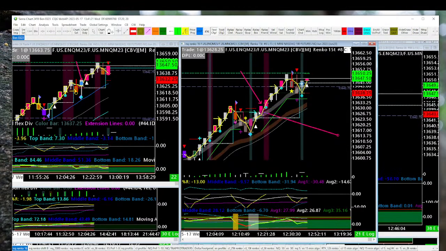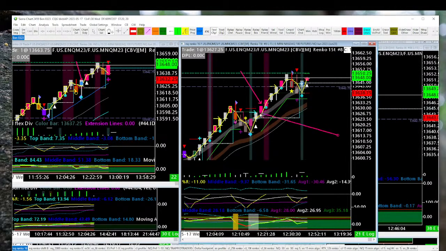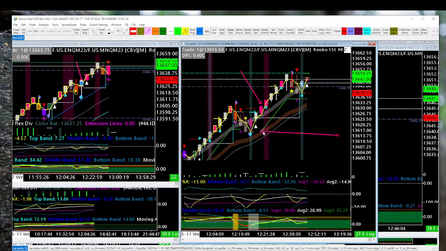That's how the Renko bars look when they're bullish. If the market goes up 15 ticks from there before it returns to the open and goes down 15 ticks from the open of that previous bar, if instead it goes up 15 ticks more, it's going to print a new Renko brick here.